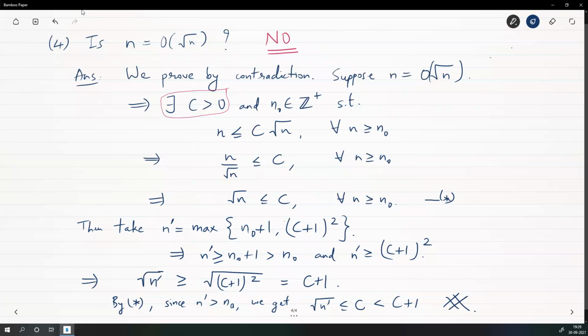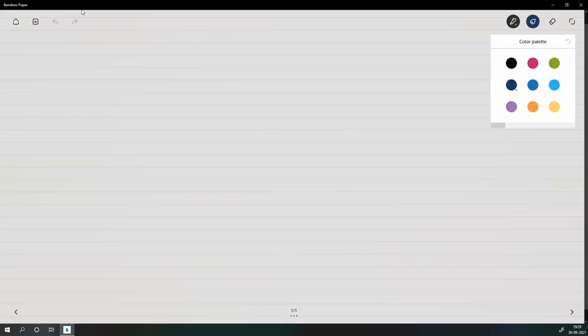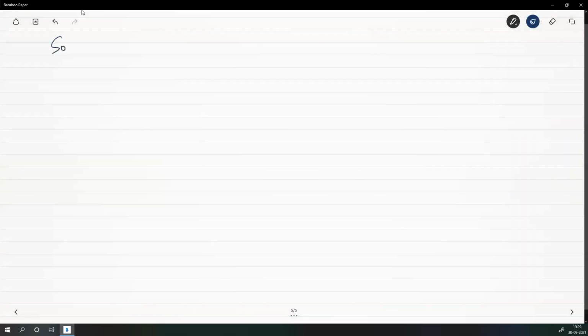So what does this mean? If you suppose that this is true, then you get something that is a contradiction. On one hand, you prove that square root of n prime is greater than or equal to c plus 1. On the other hand, you show that it is less than c plus 1. That is a contradiction. So to finish this off, at the end, what are you supposed to write? So we have a contradiction.